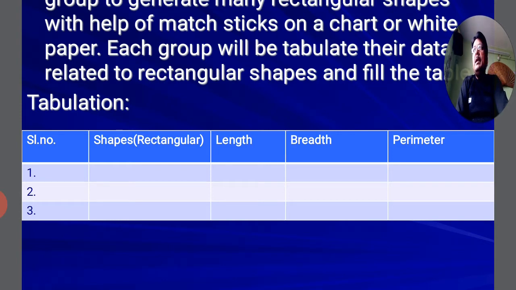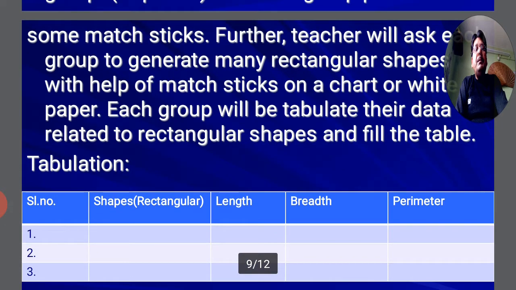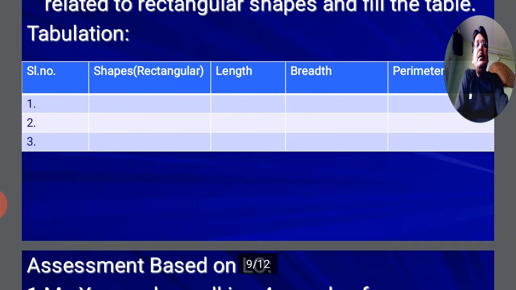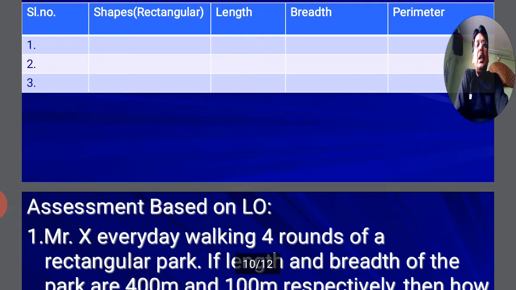As per the rectangular shapes they made from the matchsticks, they will write in sequence serial number 1, 2, 3, the name of the shapes, length, breadth, and perimeter. In this way they will fill this tabulation chart.